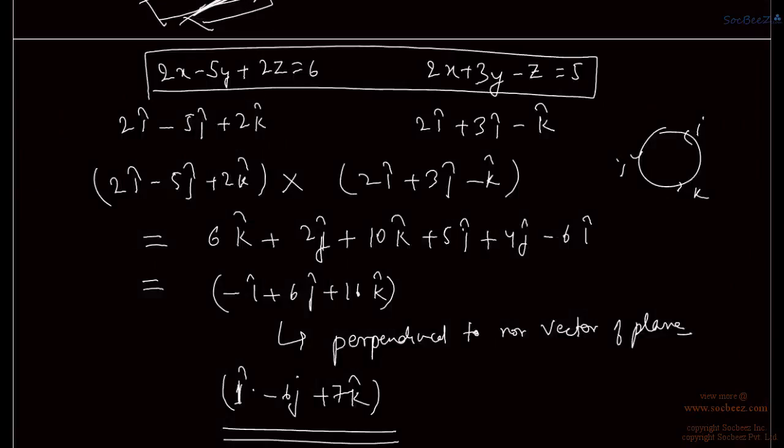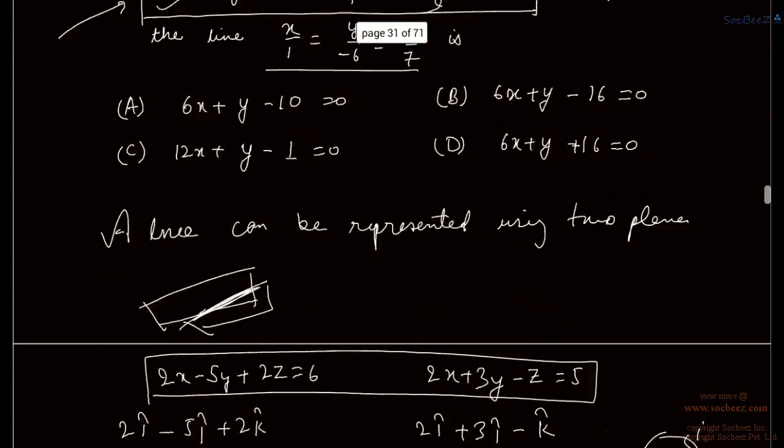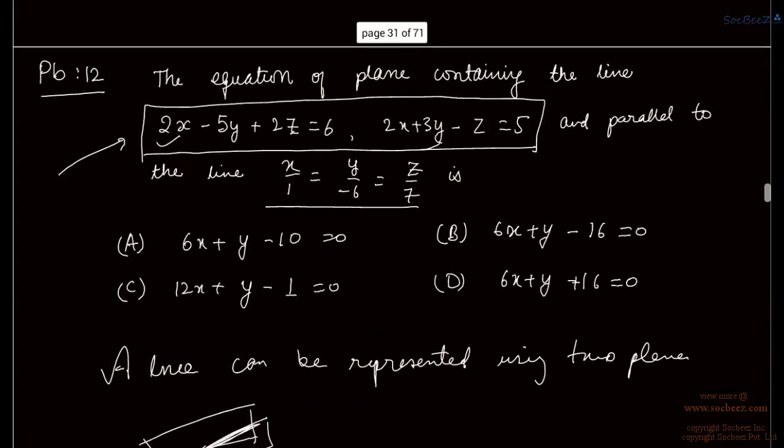So we have these two vectors. So we can take the cross product of two vectors to find the normal vector of the plane, and we find one point on this plane using these two equations and find the equation of the plane.